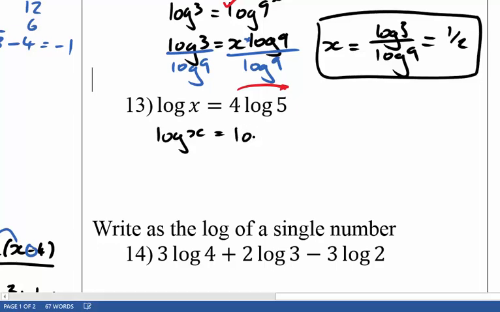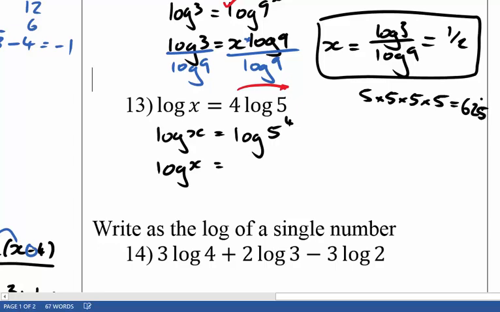So this will become log 5 to the power of 4, and now I can go log x equals log 5 to the power of 4. 5 to the power of 4 is the same as 5 times 5 times 5 times 5, and that equals, 5 times 5 is 25, times 5 is 125, times 5 is 625.